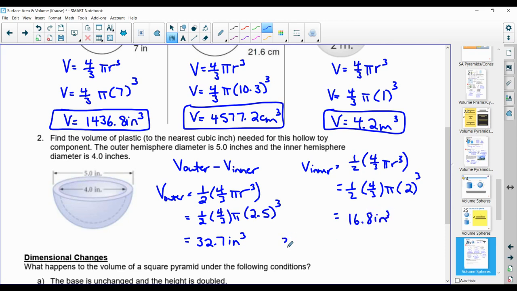Now again, I'm going to be subtracting 32.7 minus 16.8. Remember that while I'm writing that on paper, I have the exact numbers on my calculator. This gives me 15.97. If I have to round to the nearest tenth, then it would be 16.0 inches cubed.